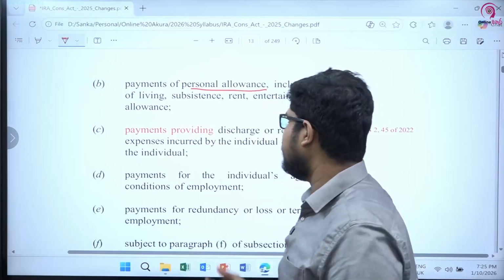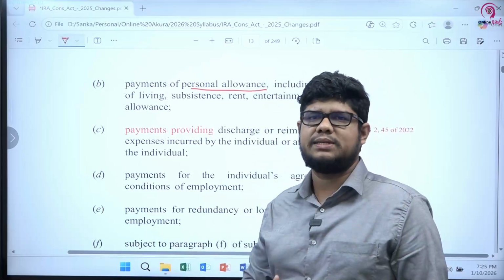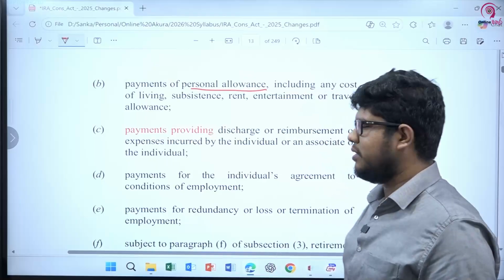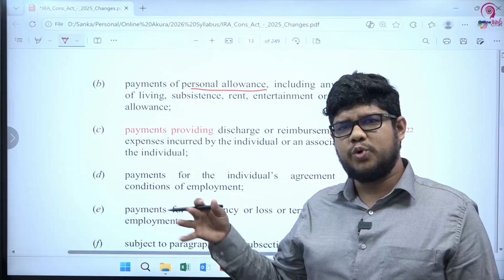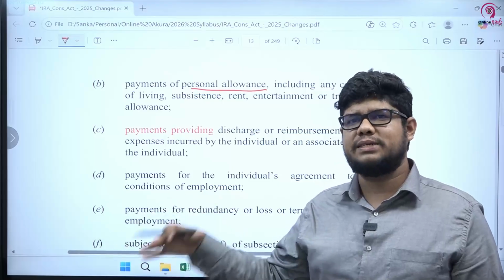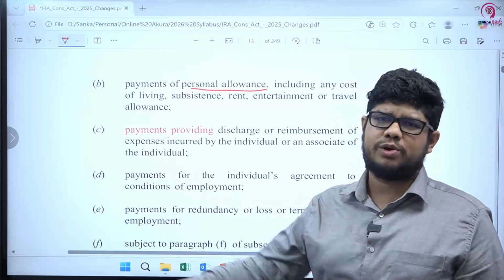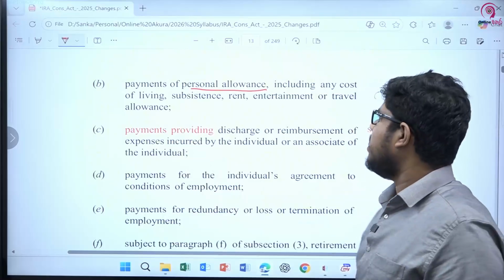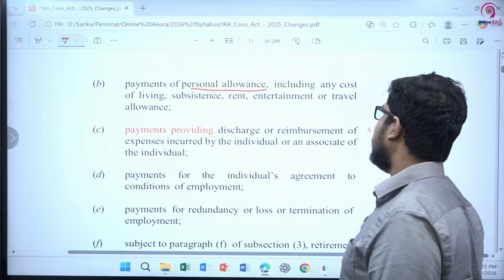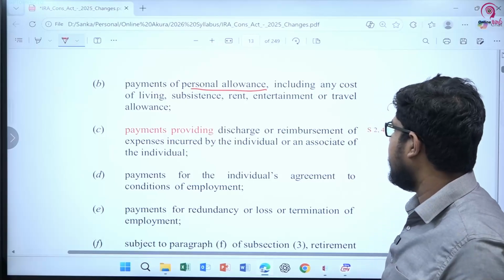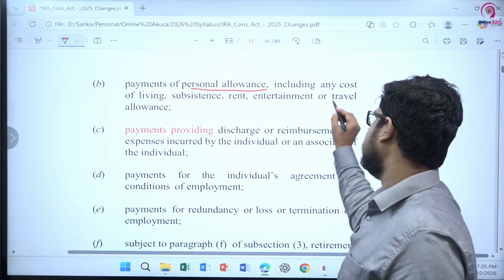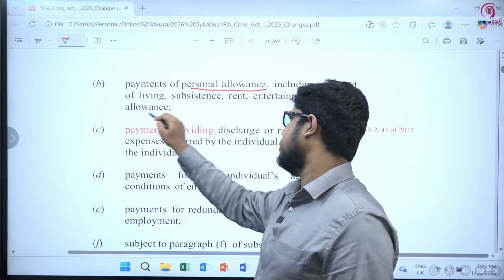If you take a bank, there is the blue light allowance that cashiers take; previously, I don't know about currently. There are many allowances, including any cost of living, subsistence, rent, entertainment or travel allowances.